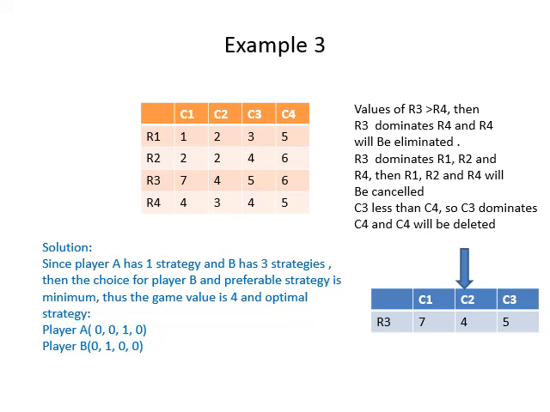If the values of column A are less than the values of column B, then column B is said to be the dominated column. Based on these remarks, let's apply the rules of dominance.